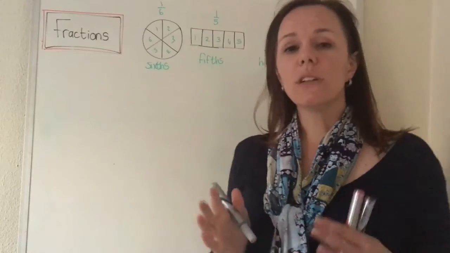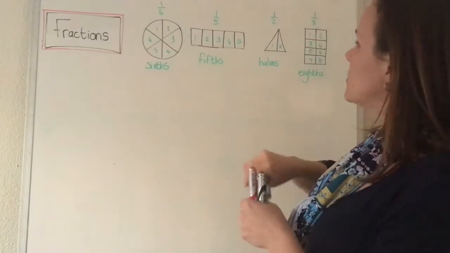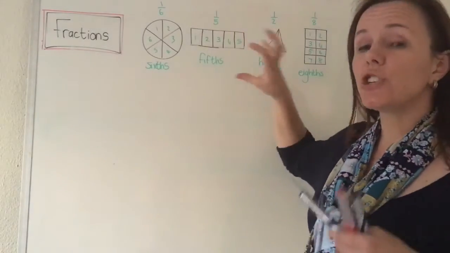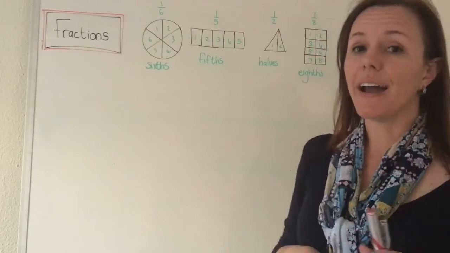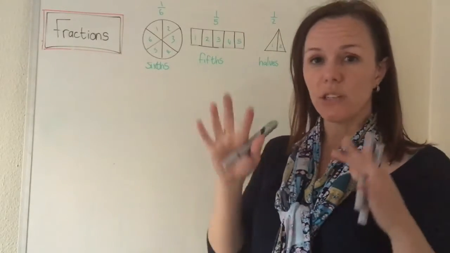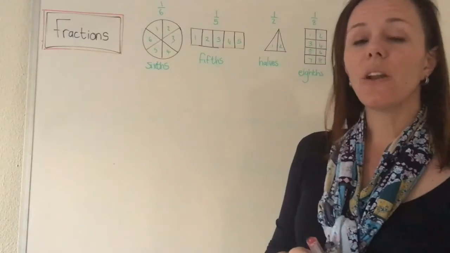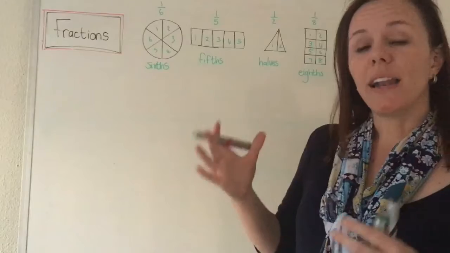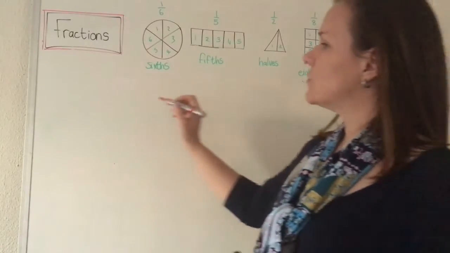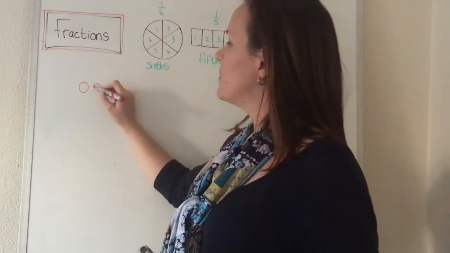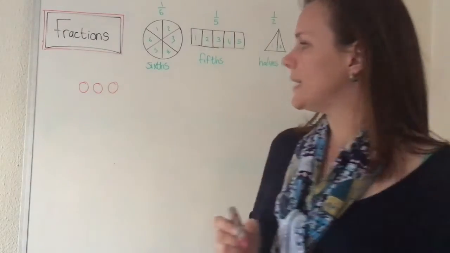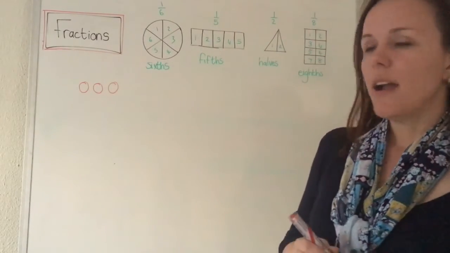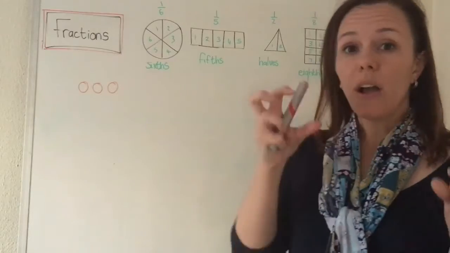Now, it's important for you to realize that it's not only one shape that can be divided into different fractions or different parts. We can also have a certain amount of items and divide it into fractions. For example, if I have 3 sweets over there, it is 3 whole sweets.